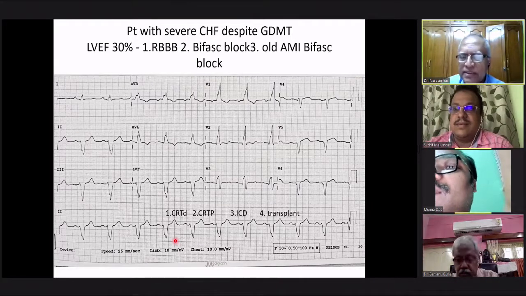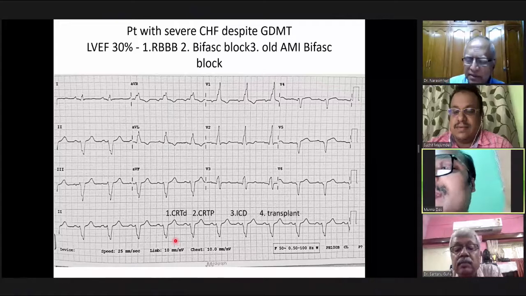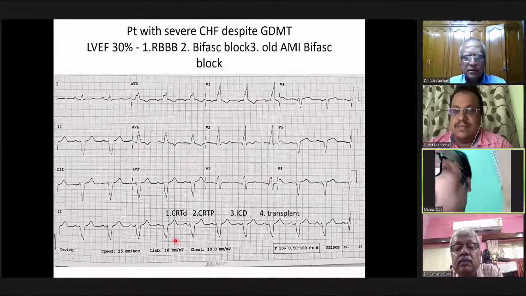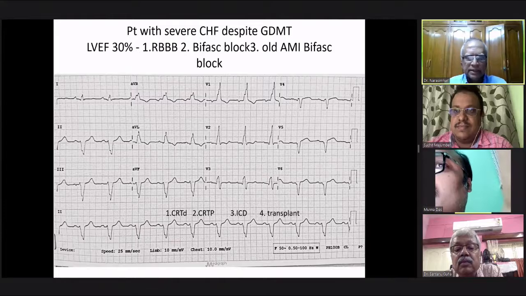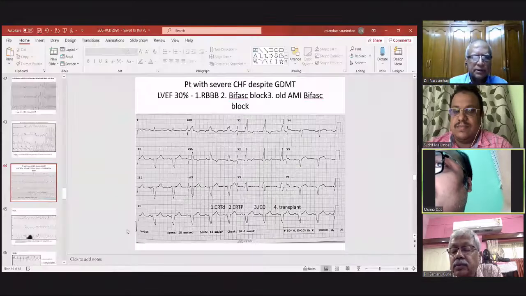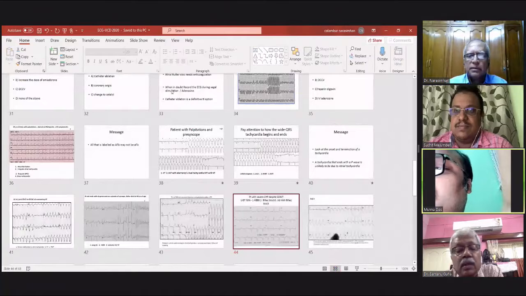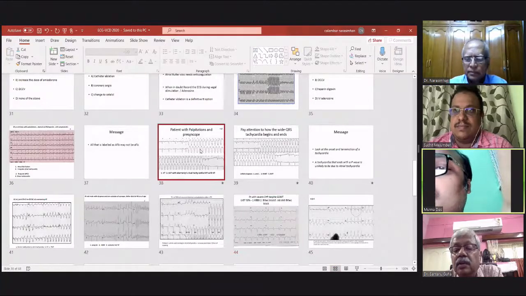Munna, go ahead. So one ECG that you had discussed regarding the diagnosis of ARVD, sarcoidosis, with the right bundle branch block morphology but with fractionated QRS in V1, V2. Yes.